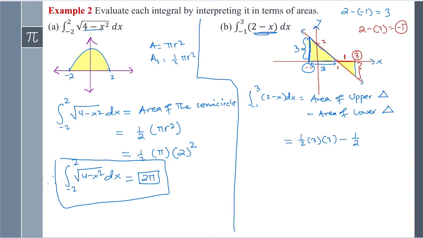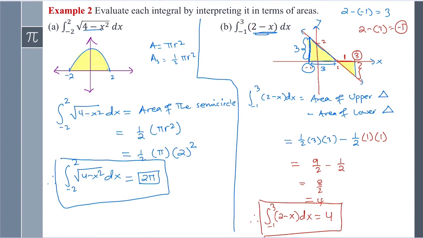So 1/2 times base 1 times height 1. So this is 9/2 minus 1/2, which gives us 8/2, and that is 4. Therefore, the definite integral from -1 to 3 of 2 minus x dx is 4.